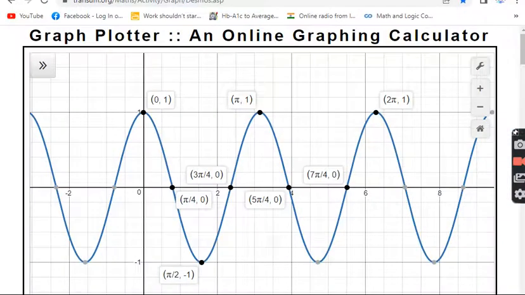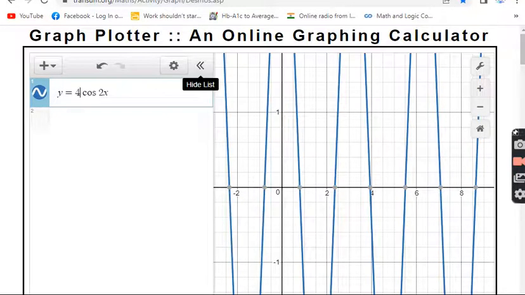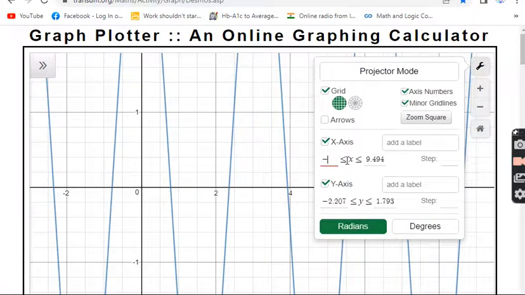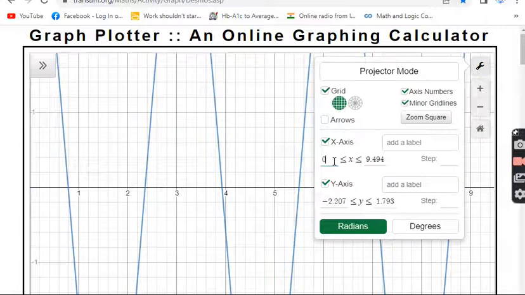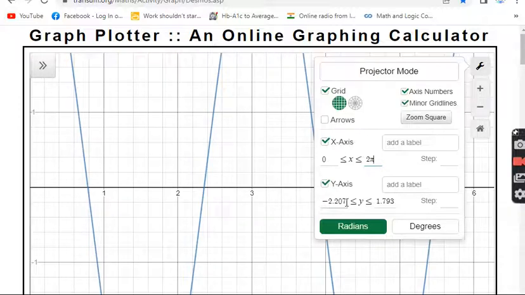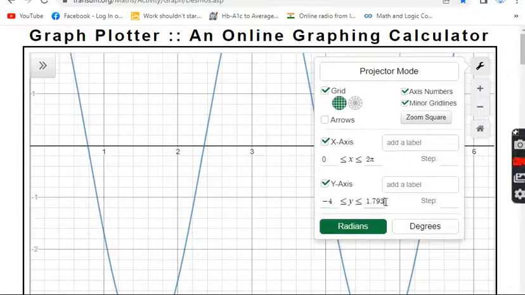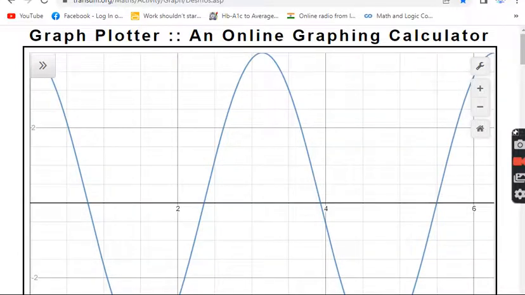So just change the amplitude to 4. The domain is from 0 to 2 pi, and the amplitude is from -4 to +4. Here we go.